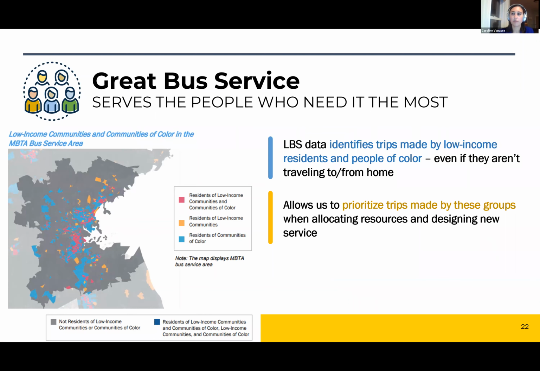Again, to underscore this point, something that's been really great is using this LBS data to identify and better understand trips made by low-income residents and people of color, even if they aren't just making trips to and from home and work, but really understanding different trips. This data set has allowed us to prioritize trips made by these groups when we're thinking about how to allocate resources and design new bus service. Next slide.